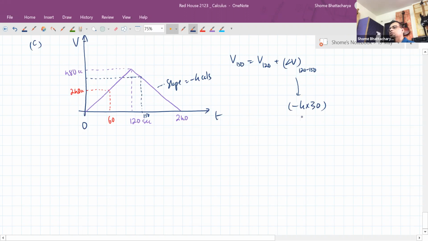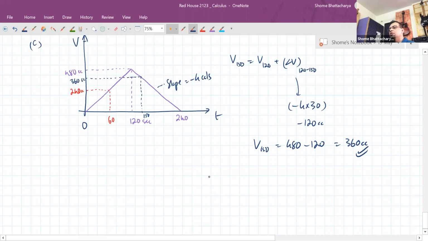Okay. So there will be -120 cc. So volume at 150 is the volume at 120, which is 480 cc, plus this change, which is a drop of 120 cc. So this is 360 cc. So that's how we know that this volume here should be 360 cc.